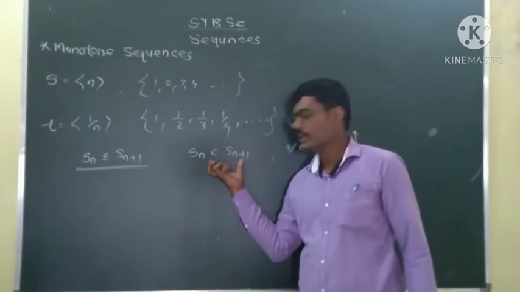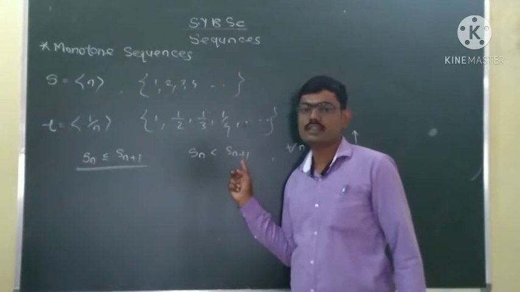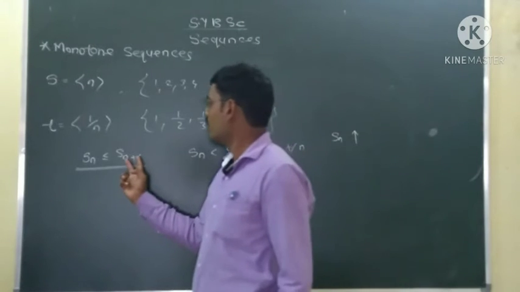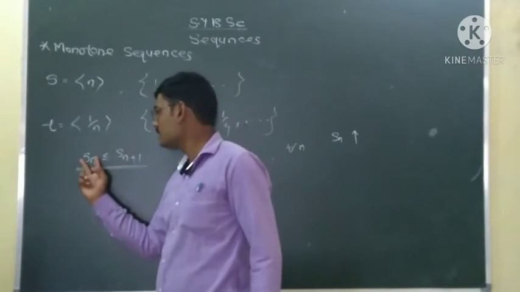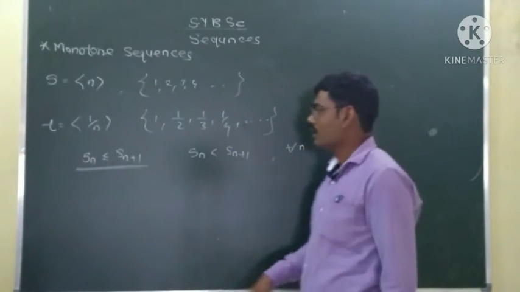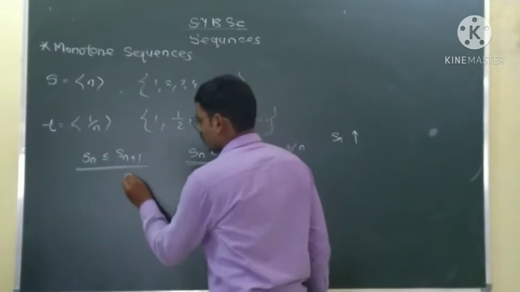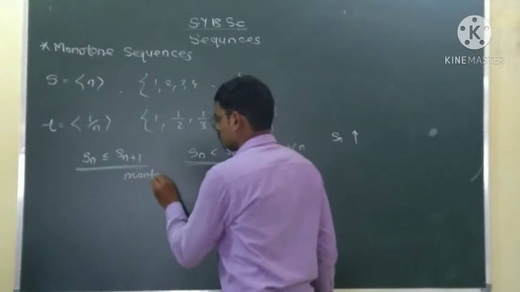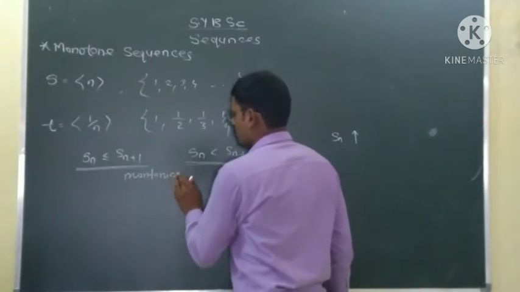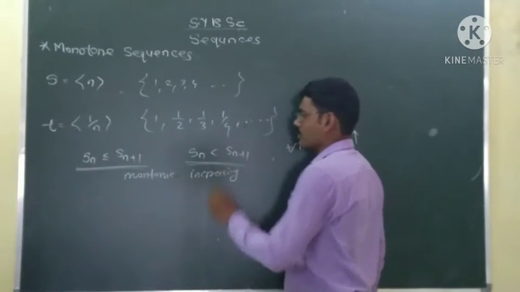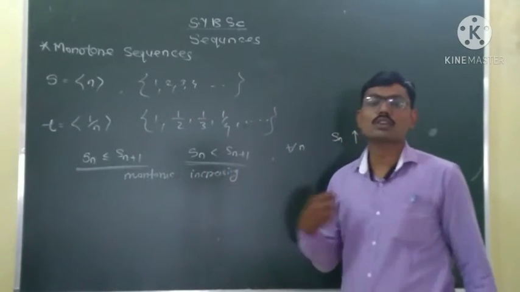Here we say the sequence is strictly increasing, each term is strictly greater than the previous term. Here each term is greater than or equal to its previous term. So, a monotonic increasing sequence. Now what about a monotonic decreasing sequence?